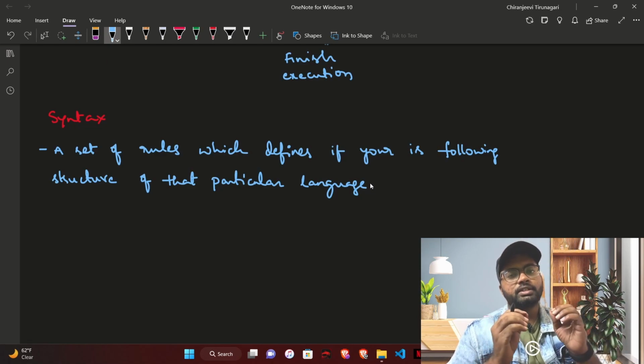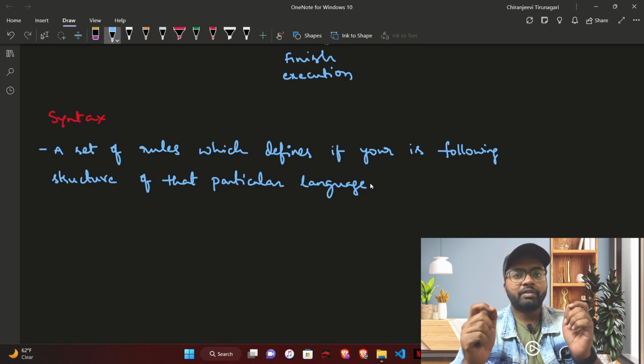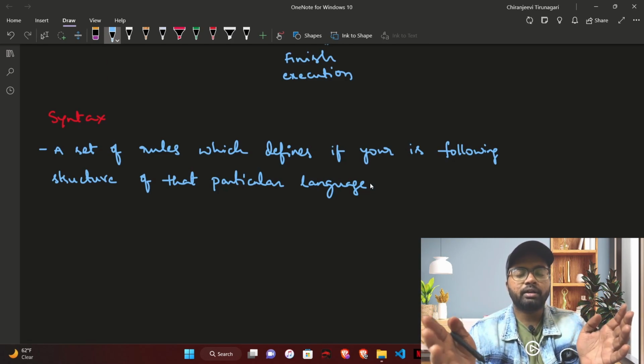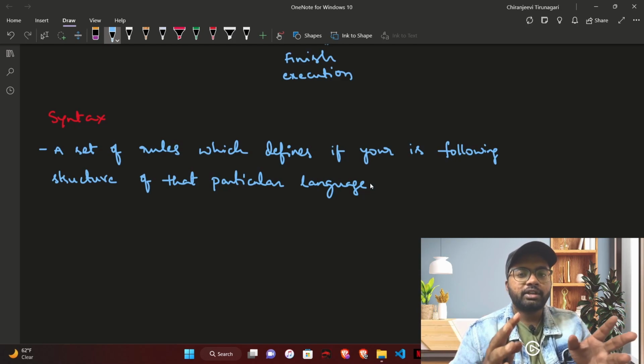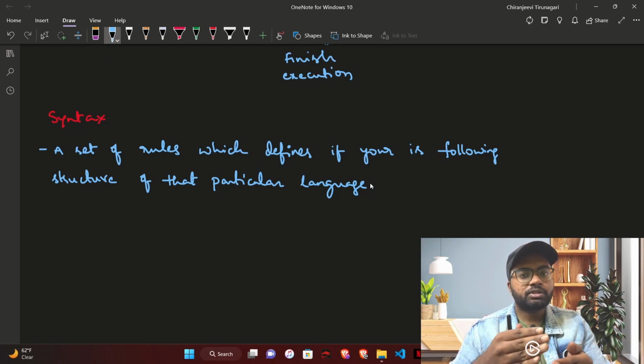So basically every programming language has its own structure. No two programming languages look similar, but actually there will be small differences in any programming language. So there is some structure specific to each programming language, and syntax is something that evaluates your code if it's following that structure or not.